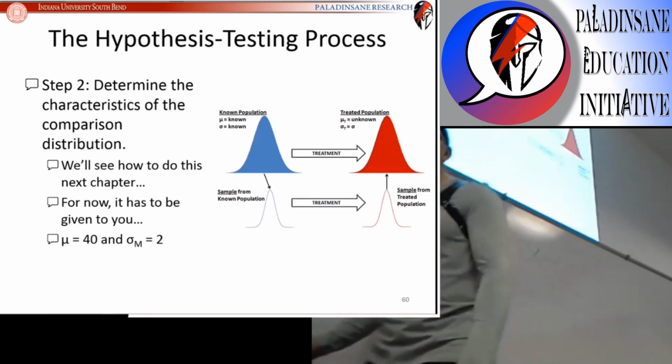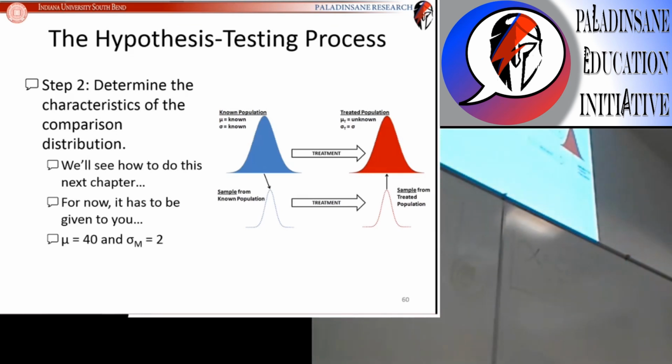Of course. We're going to draw it out over here. All right, so we have our distribution of sample means. And it has a mean of 40, and it's got a standard deviation of 2, right? That's what we just were given.